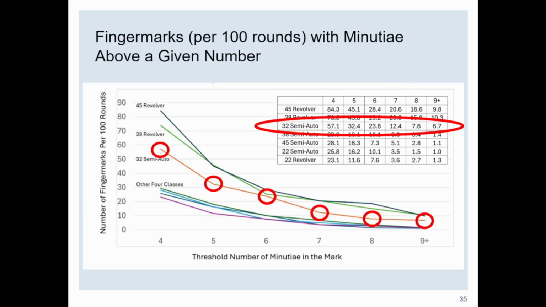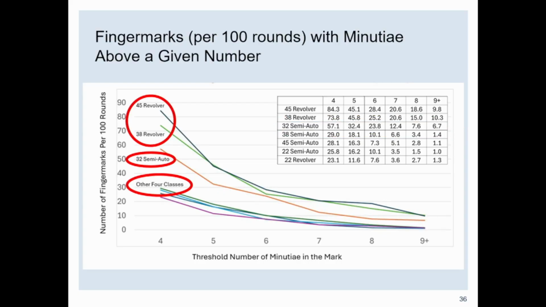If you, I'm reading that along the top there. 57% have 4, 32% have 5, 24 have 6, and so forth. So 4, 5, and 6, those would be not considered identifiable in almost any laboratory, and those marks would be set aside.